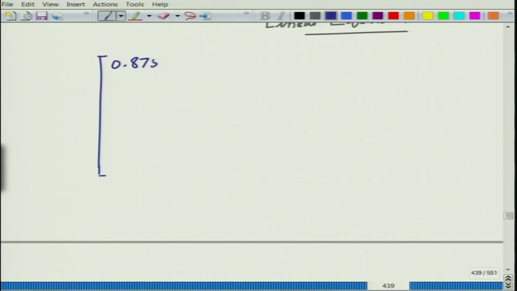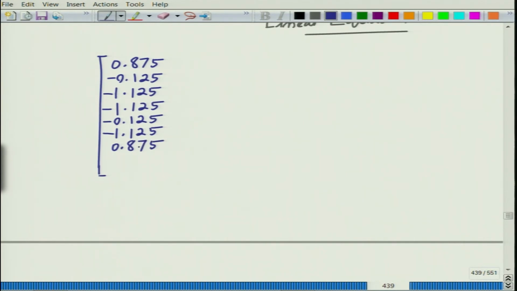So, you will have 0.875, minus 0.125, minus 1.125, minus 0.125, minus 1.125, 0.125, minus 1.125, 0.875, 1.875.